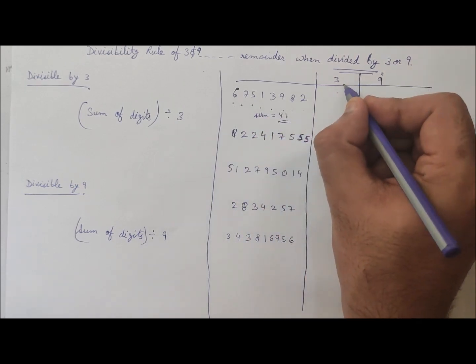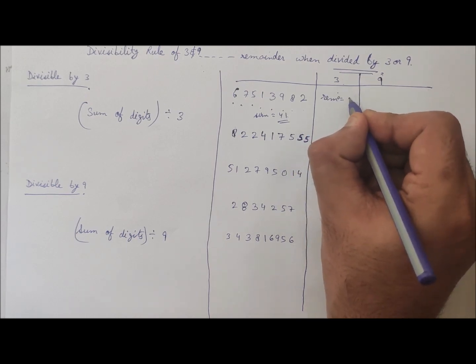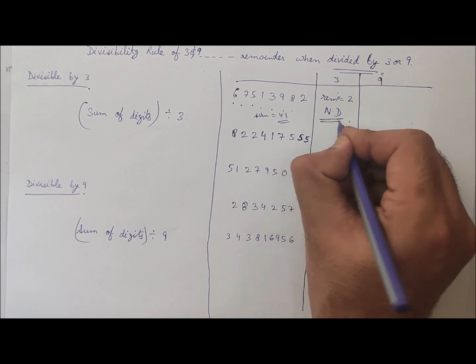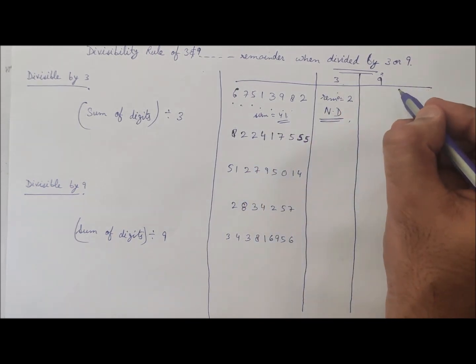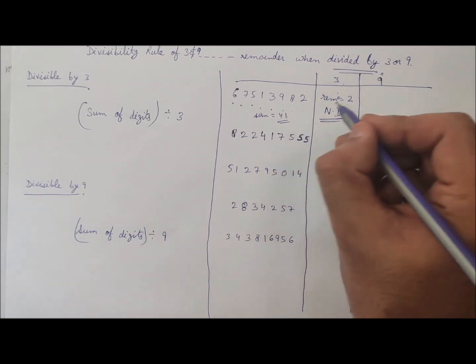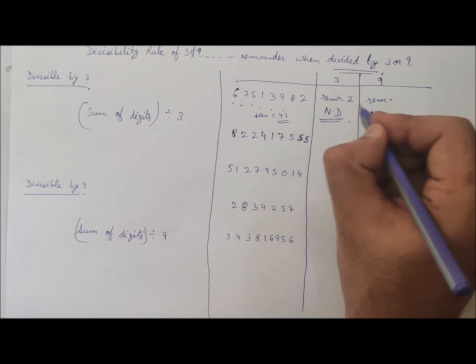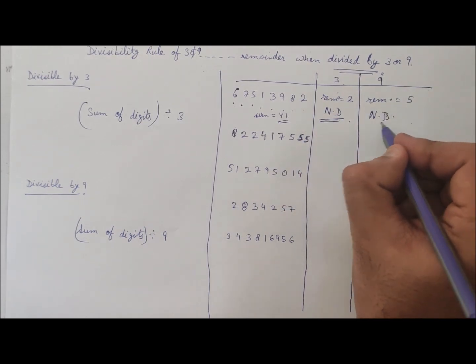When 41 is divided by 3, the remainder is 2, so it is not divisible. If it is not divisible by 3, that means it is not divisible by 9. That is very obvious. Let's check the remainder here. The remainder would be 5, and it is not divisible.